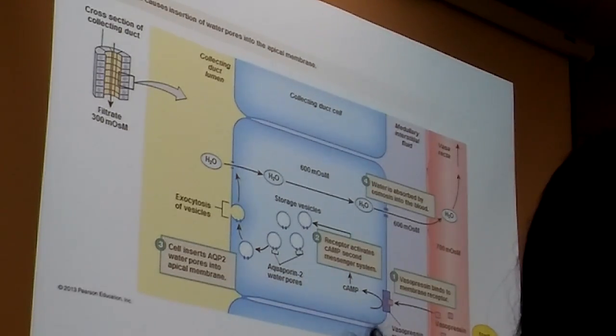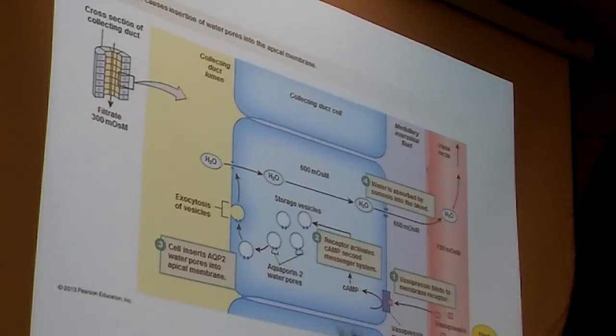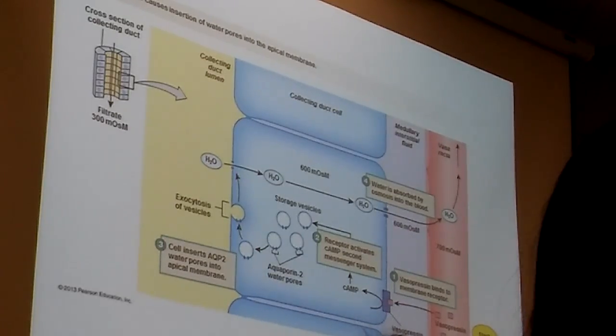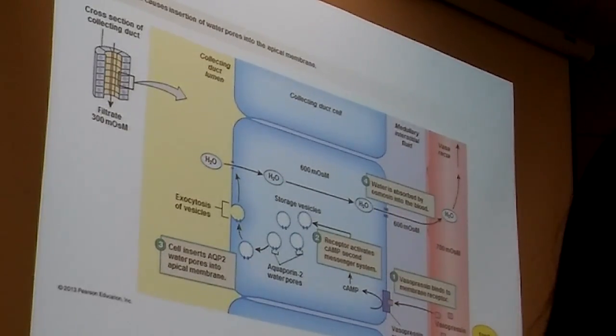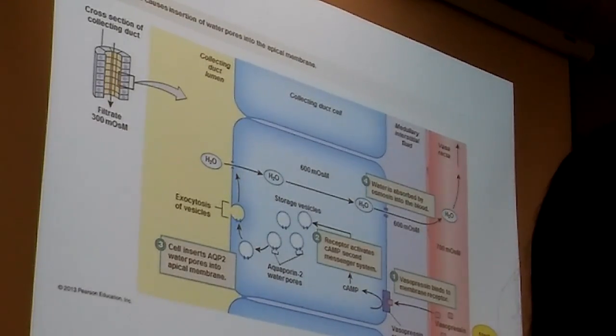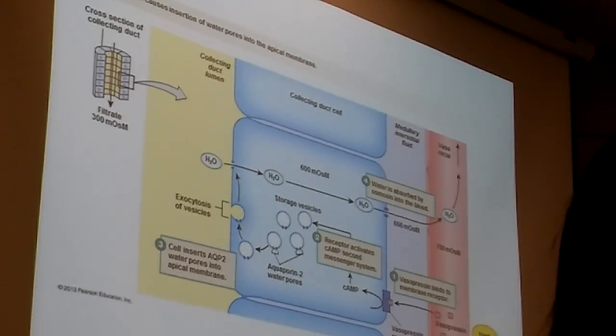So if you have a diuretic, you're going to increase the urine volume, so let's say 500 milliliters. Versus if you have ADH, we're down to 10 milliliters of urine. So the difference between the two is 490 milliliters.